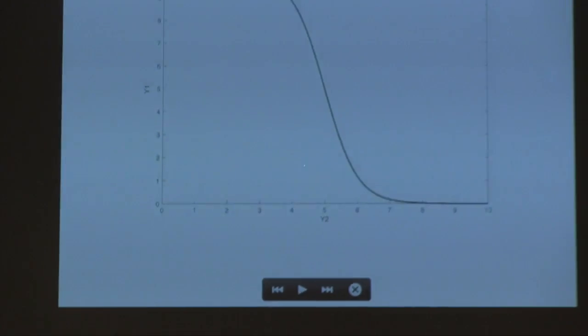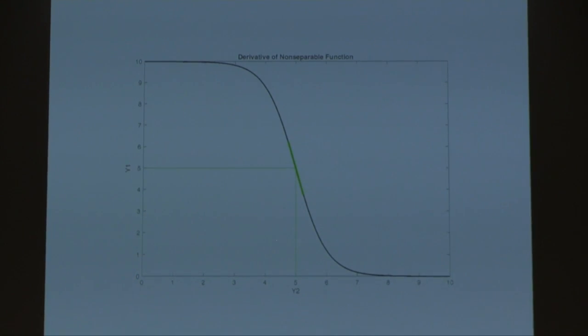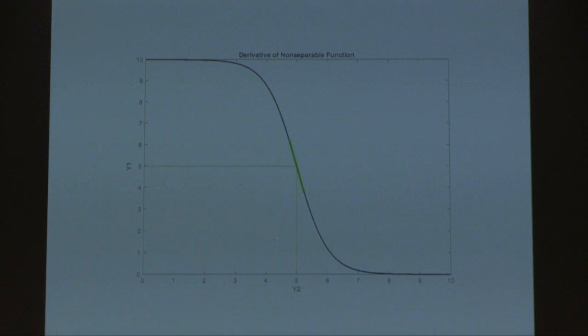And just to give you graphically one of the solutions, think about this function, okay? Let's say this is the demand for a product, where Y1 is quantity and Y2 is price, and we would like to know the derivative of this function. If we change the price when everything else is fixed, how will the demand change?